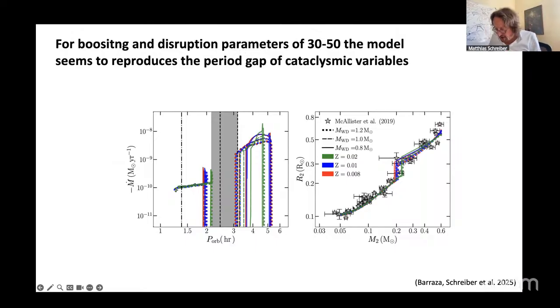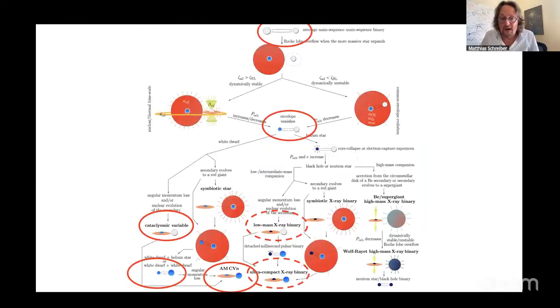So then we actually use the same prescription for other types of binaries. I don't want to go into the details, but we use the same prescription for double white dwarfs, and it works. We use the same prescription for AMCVn, and it works. So if you look here, it works for the main sequence binaries, it works for post-common envelope binaries, it works for cataclysmic variables.